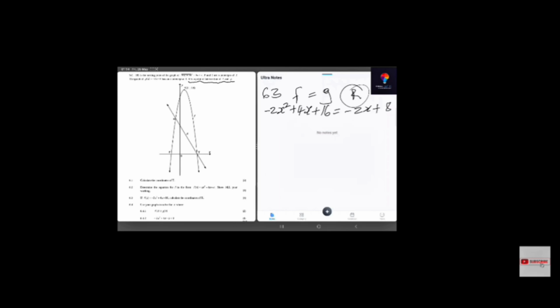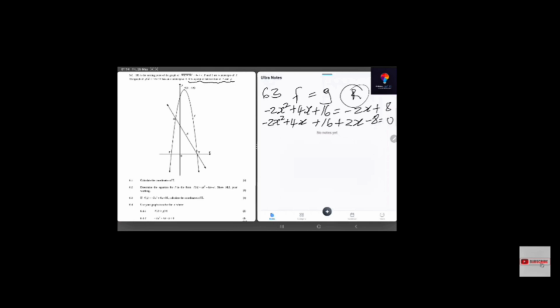So we should go about minus 2x squared plus 4x plus 16, then we bring in the minus 2x. When it comes to the left side, it's going to be plus 2x and minus 8, because plus 8 moving to the left is going to be minus 8.